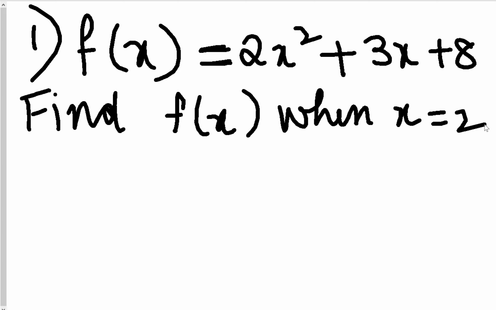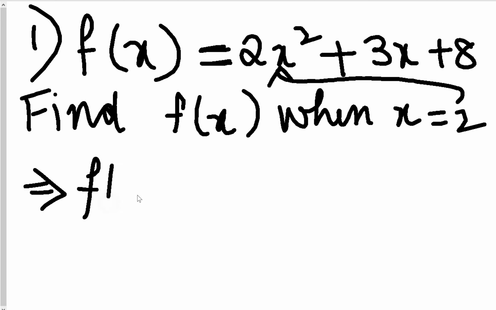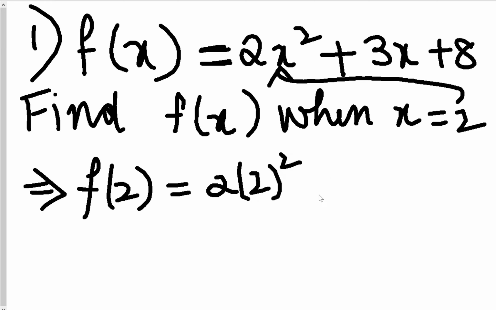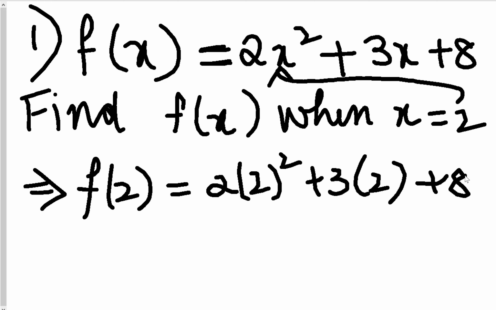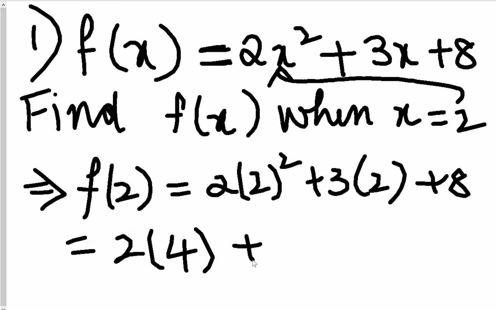This is nothing but a simple substitution. Wherever you find x, you just have to take this 2 and plug in the value of 2 here. So the equation becomes f of 2 equal to 2 into 2 squared plus 3 into 2 plus 8, which is 2 into 4, plus 3 into 2, which is 6, plus 8.